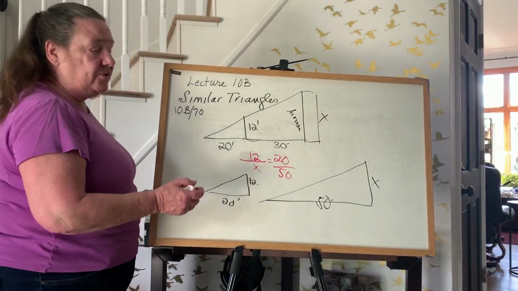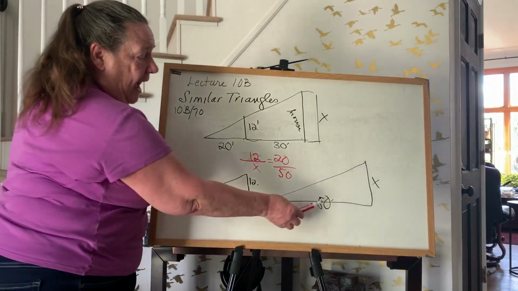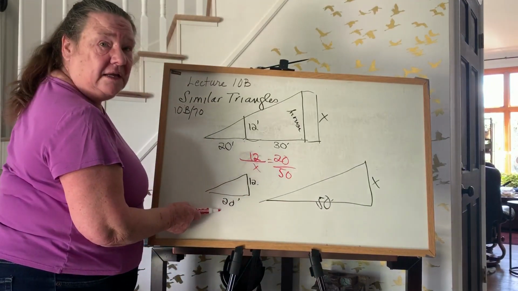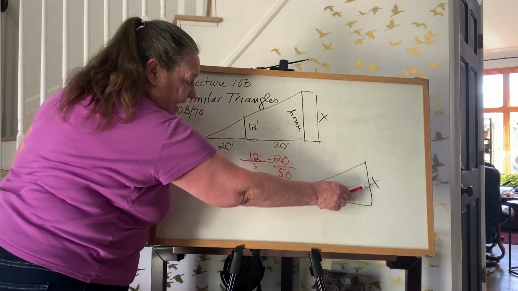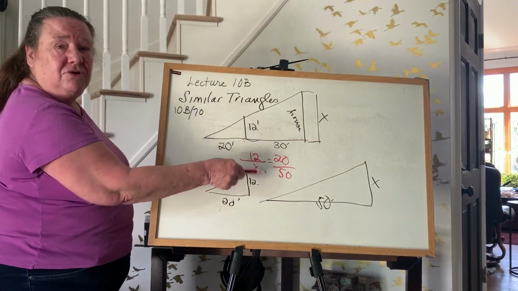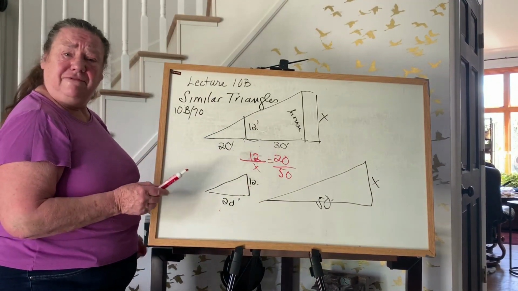Okay? Now, if you said, well, I did it the other way, I did 50 is to 20, that's fine, as X is to 12. That would just turn these upside down, and that's totally fine.